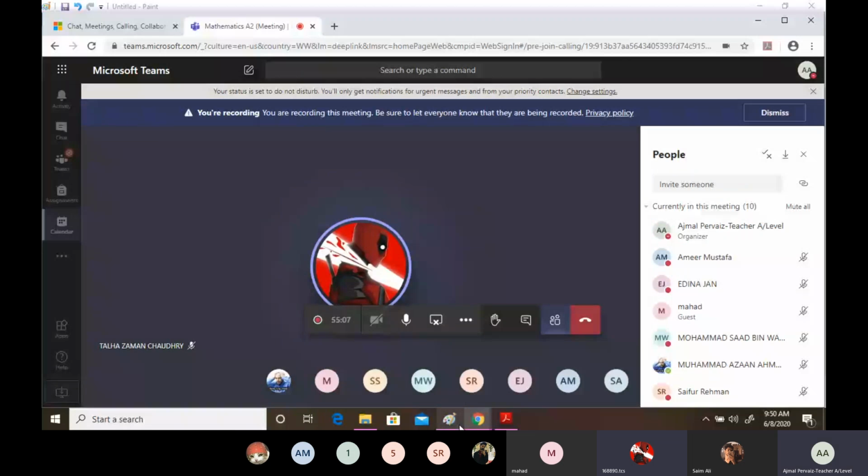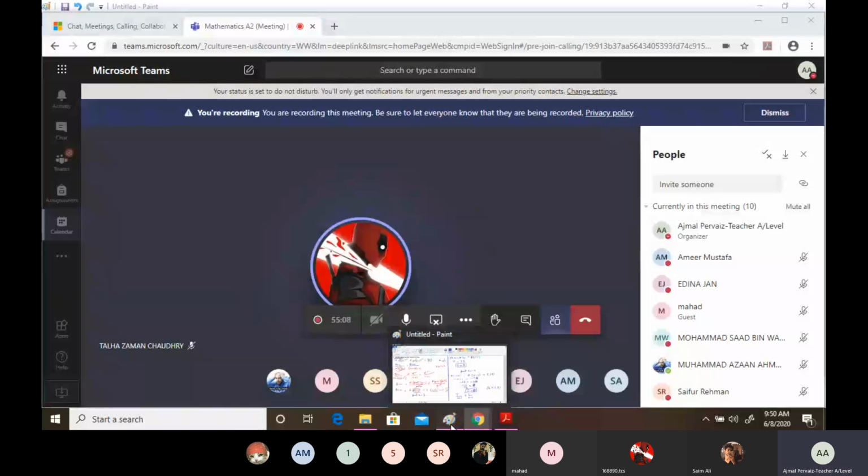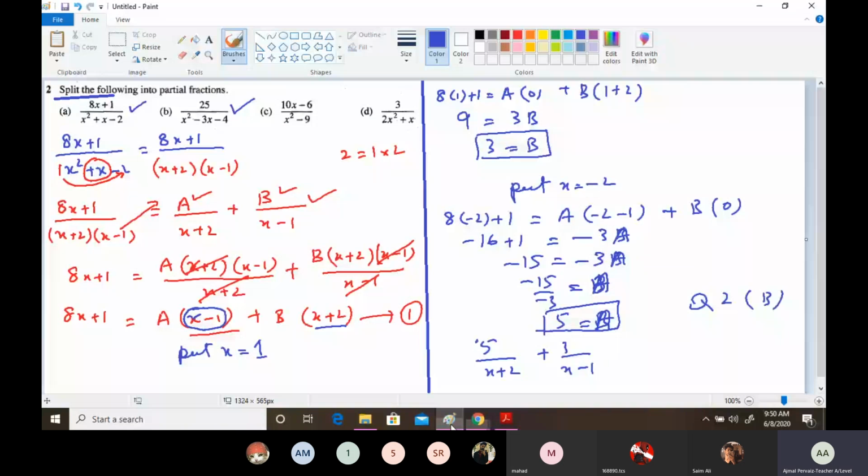So the examples are there with you. If you would have done this, we'll go for question number 3. Today we are just discussing the linear ones. If you see, all of them can be split into linear ones. We just have to go for 2 options, either linear or quadratic.